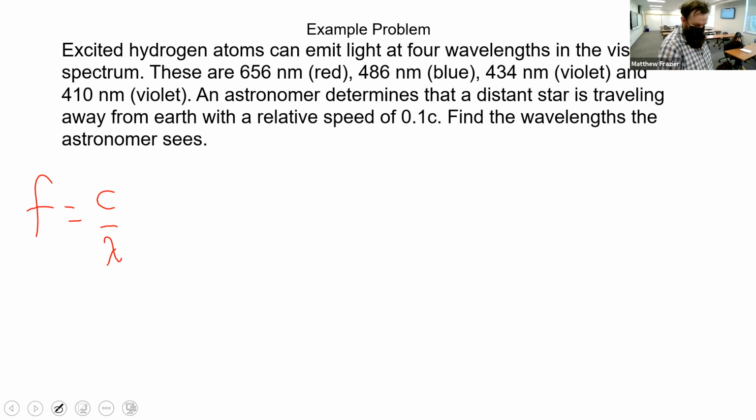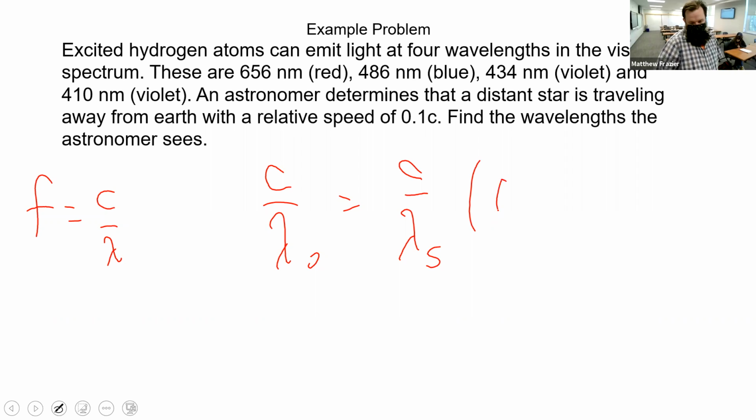Yeah, our speed is frequency times wavelength, so that's good. So we can write our formulas as c over lambda observed is c over lambda of the source times one minus v over c.